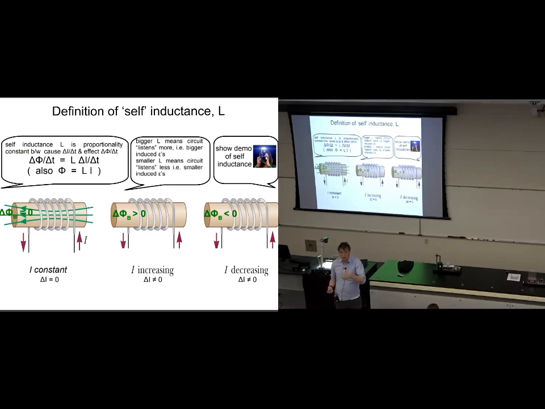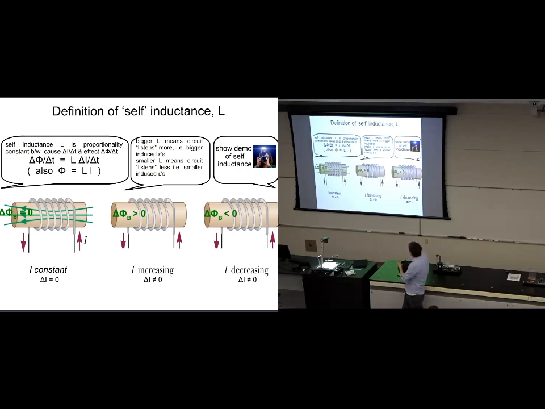Talking a lot to itself means when the current in that circuit changes, you get a big induced EMF and a big induced current. Talking to yourself just a little bit, small self-inductance, means that you change the current in the circuit, and you don't get a very big induced EMF or induced current. So that's the idea of self-inductance. It's a quantity that describes the amount that a circuit talks to itself.